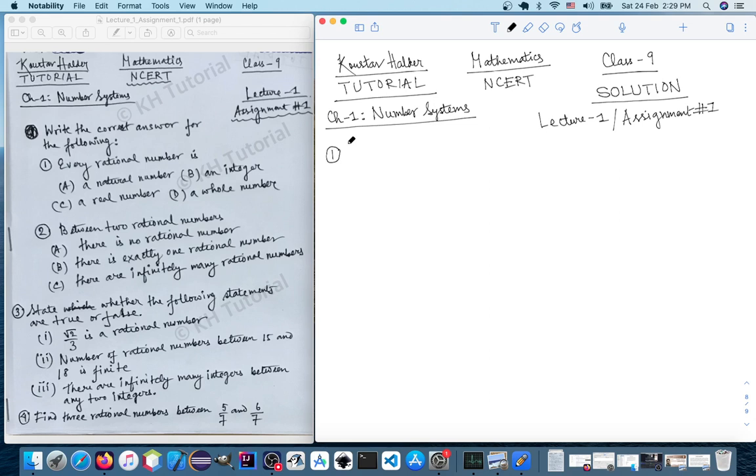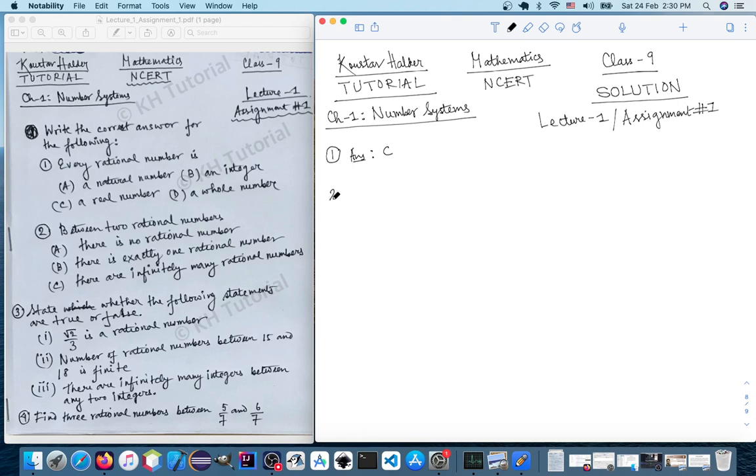So the correct answer is choice C, even though we have not learned what a real number is, and we will soon study it as we proceed with the following sections of the chapter, number systems. Since A, B, and D are incorrect choices, we are left with only choice C. So C is the correct choice.